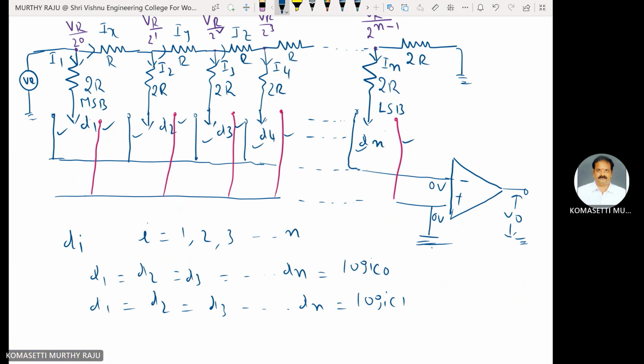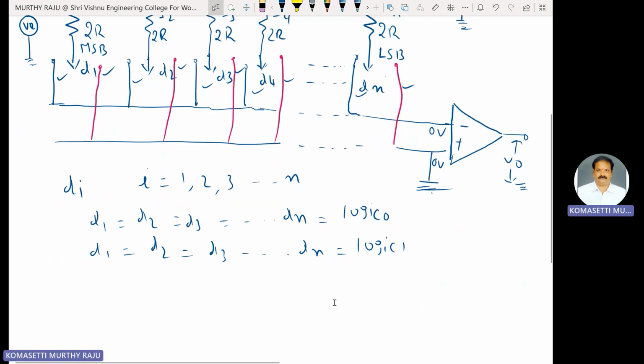Therefore, the currents I1, I2, I3, and I4 are equally distributed.